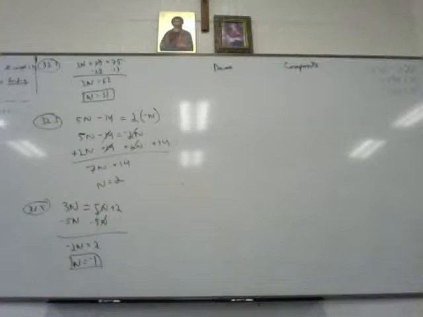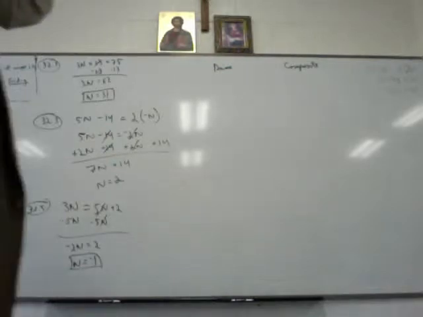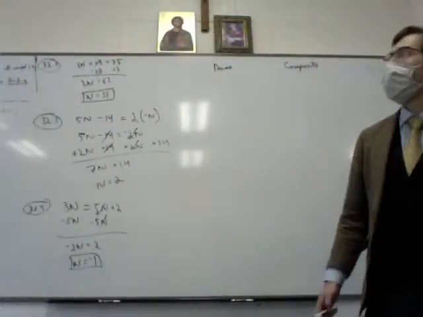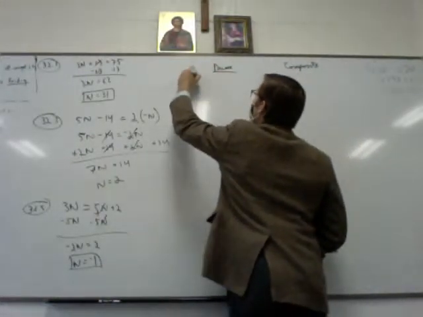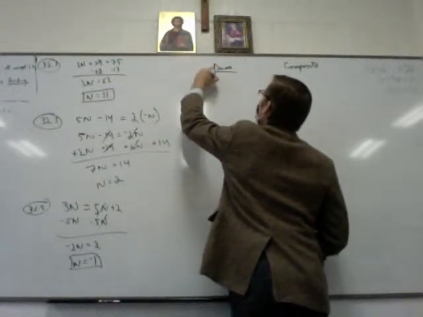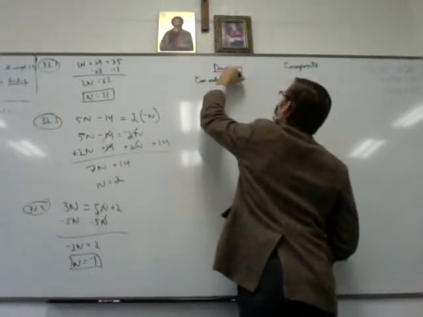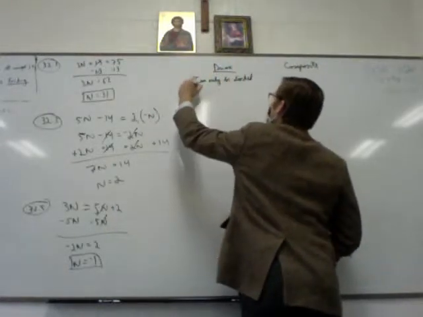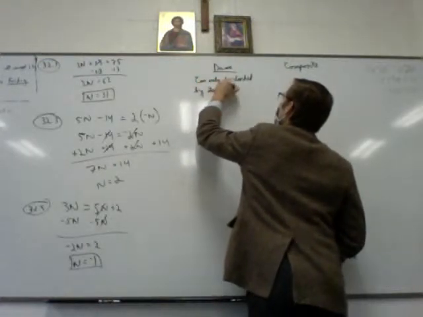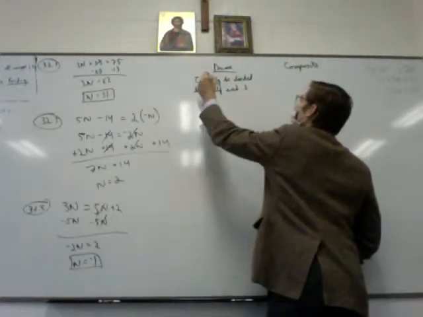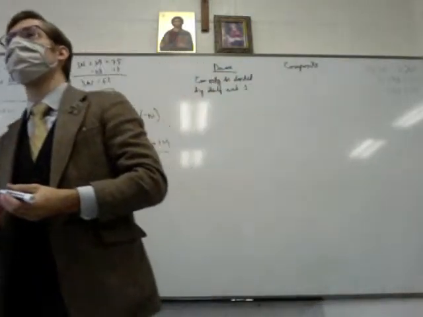Aren't they numbers you can multiply to get an answer? Like if it's 12, it'll be 1 and 12, 3 and 4, 2 and 6. Aren't they numbers that you can divide? So prime numbers can only be divided by themselves and 1.